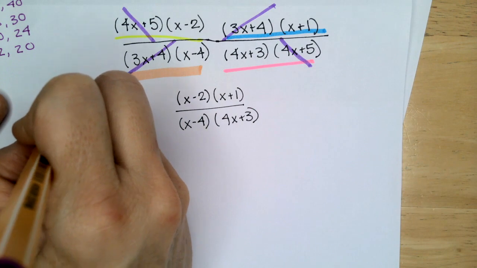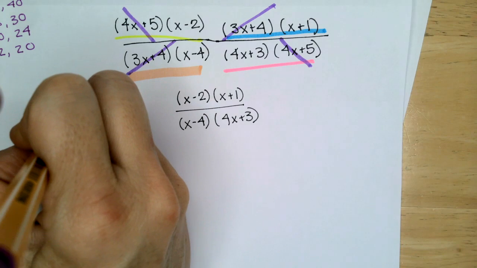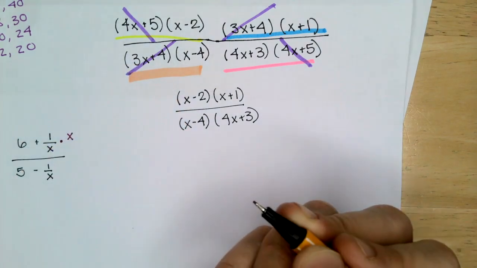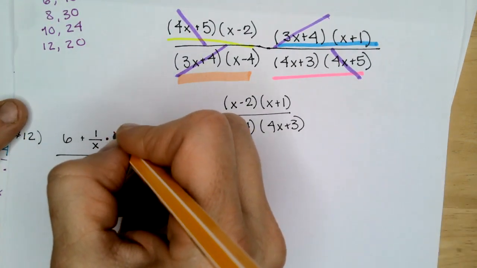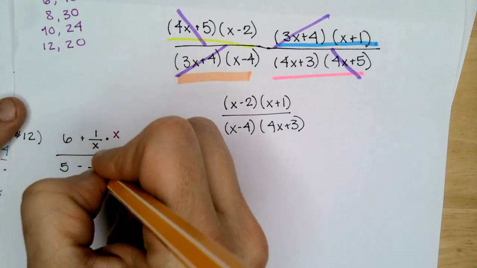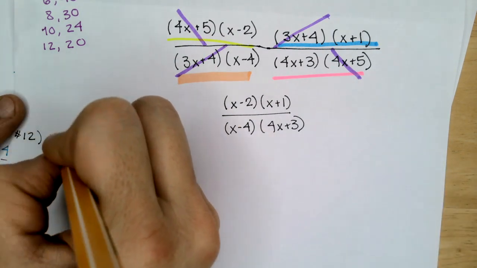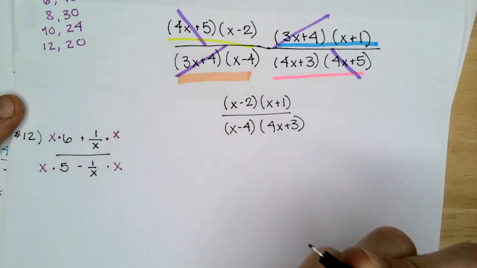X is in the denominator, so if I multiply, 1 is being divided by x. If I multiply 1 by x, those will cancel, right? But because this is an expression, I have to do that to all terms. So 1, 2, 3, 4, all 4 terms. So I'm going to multiply that by x. I'm going to multiply this by x. I'm going to multiply this by x. And I'm going to multiply this by x.